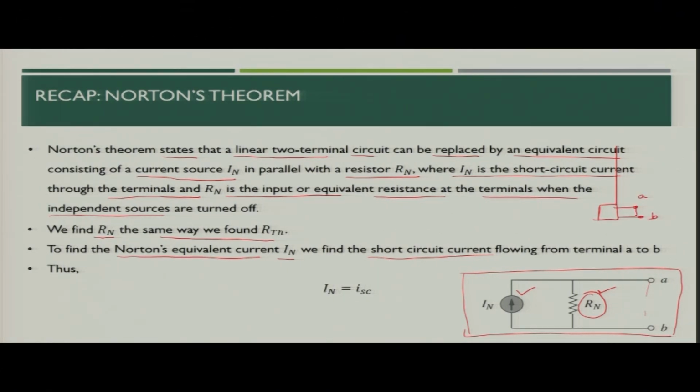You simply short circuit them and find the value of the short circuit current. This network is a linear two terminal network. That short circuit current would be the Norton's current.